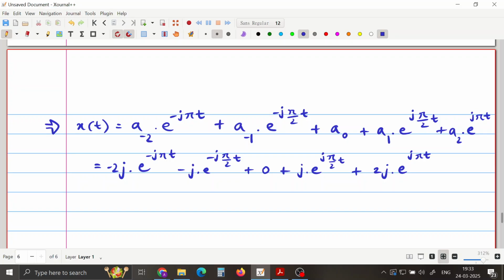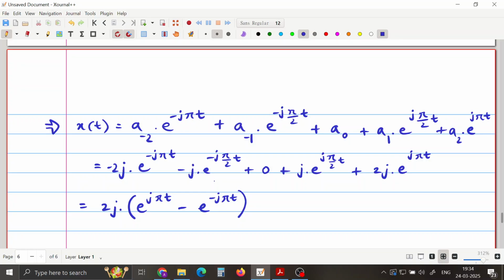Okay, now I can take some terms common together. For example, I can club these 2j coefficients together, and if I take 2j common from these two terms, what do I have? 2j into e power j pi t minus e power minus j pi t.